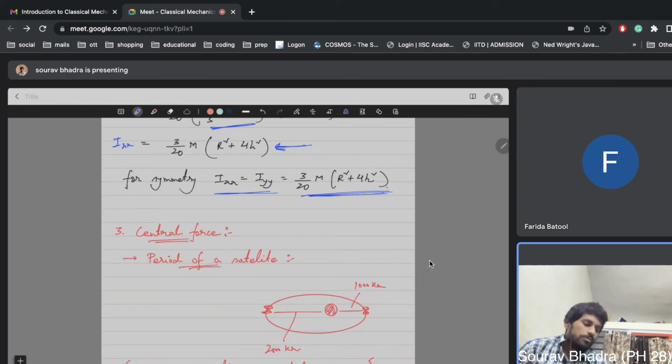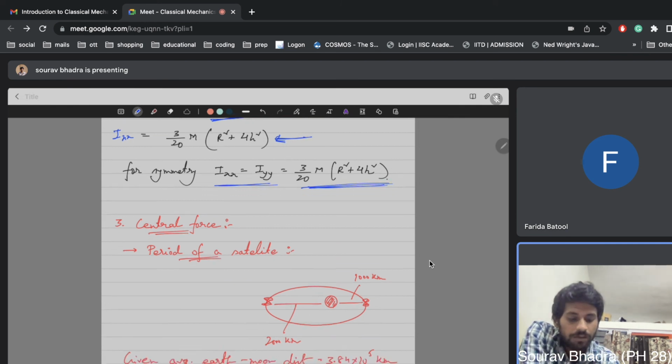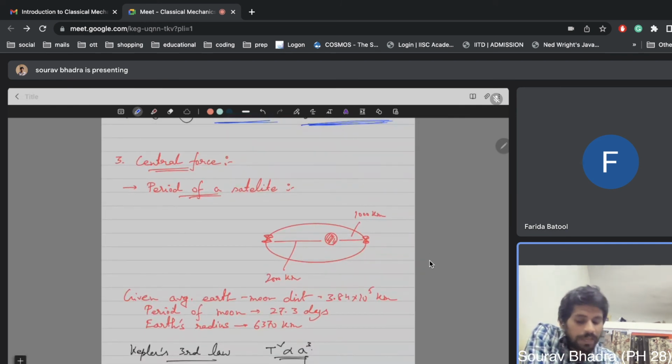Okay, now we will do a very small but very tricky problem, I will say, of central force. So the problem statement is like this.